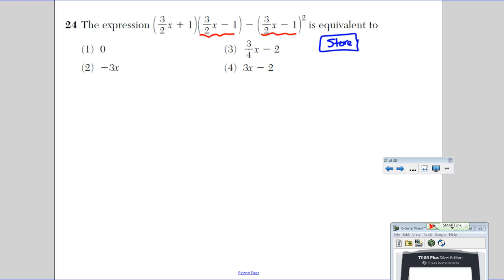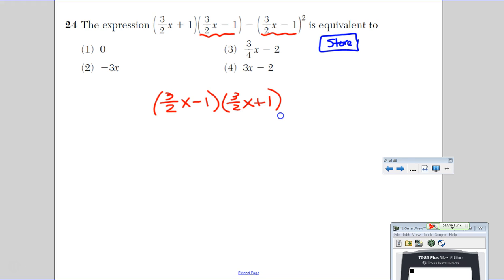So it's kind of like grouping. Both of these have a common group of 3 halves x minus 1. You could factor out the 3 halves x minus 1. And then you have 3 halves x plus 1.